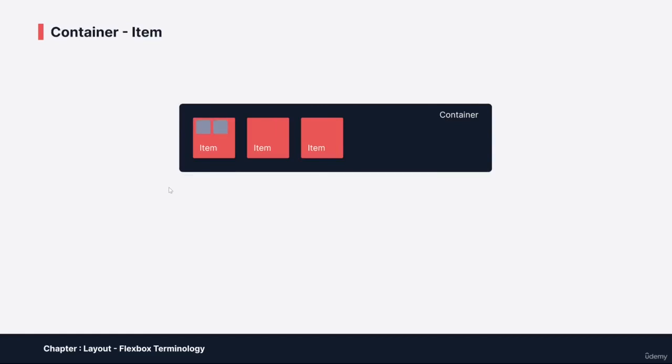Now, let's just imagine for a second that this item element has itself 2 elements inside of it. So now when you start talking about this item, it becomes the container, and those little elements are the items. And if they had additional elements, you would play the same game.